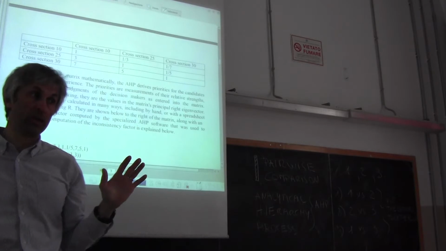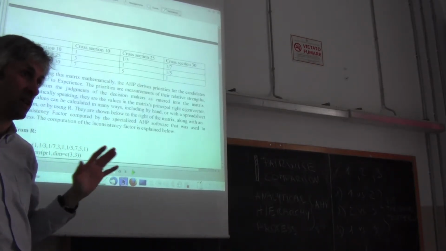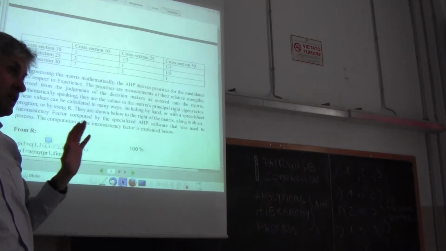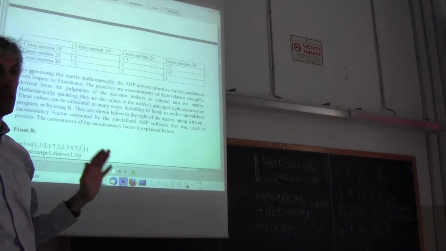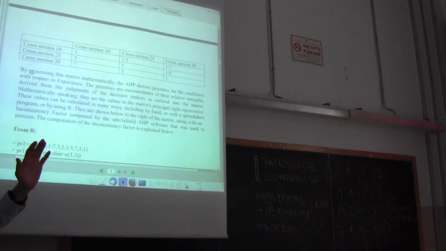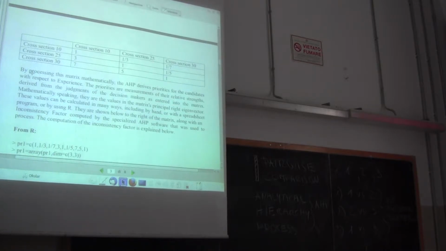So I know that you are getting a bit desperate now, because when one speaks of eigenvectors and eigenvalues, which in Italian are autovalori, autovettori, one gets a bit lost, especially if he or she is an engineer, because a mathematician, of course, manages eigenvalues and eigenvectors very easily, and for us it's a bit more complicated.